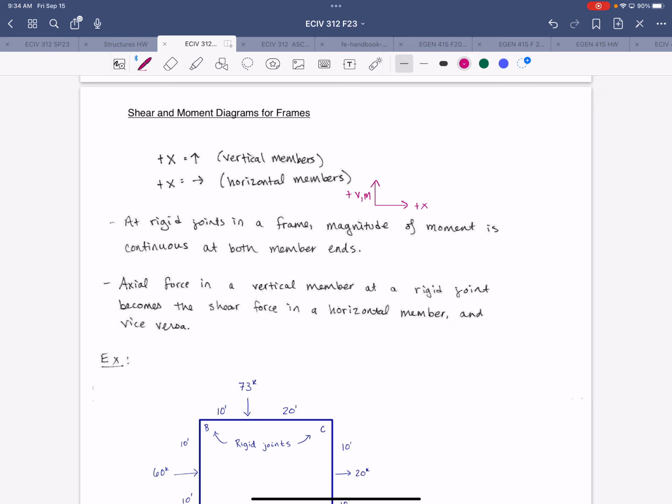If we have vertical members, we're just going to take this and rotate it 90 degrees counterclockwise. So your x will be positive upward, and your positive shear and moment will be to the left.